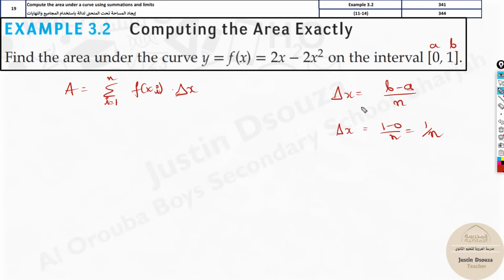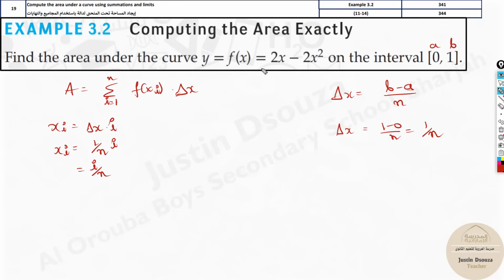That's it. Now here, what is xi? Xi becomes delta x times i, isn't it? We substitute that x as like this. So now here xi will be 1 by n into i, or we can write it as i divided by n. Now we will substitute back in the formula.